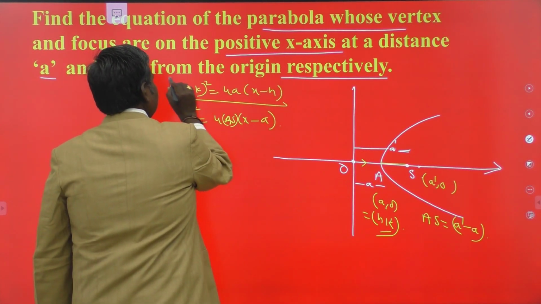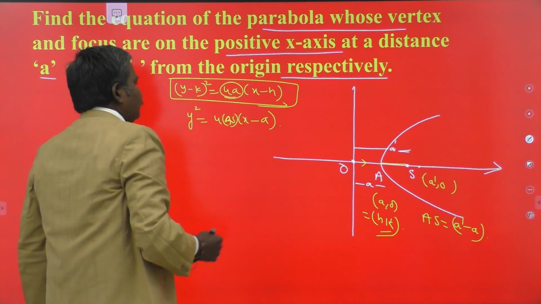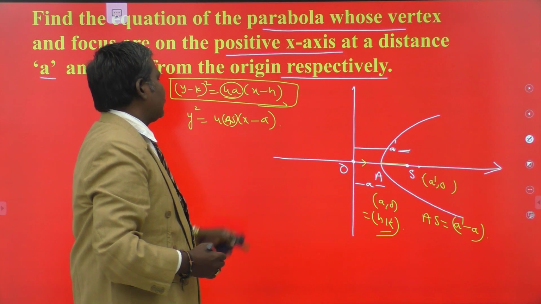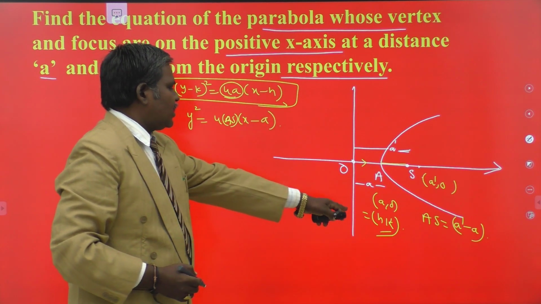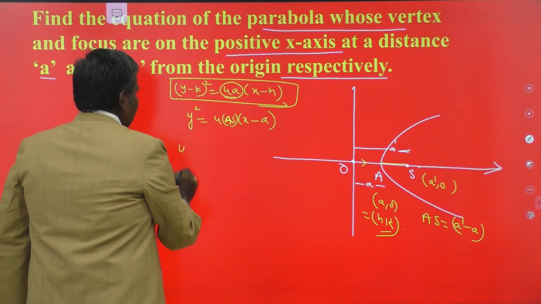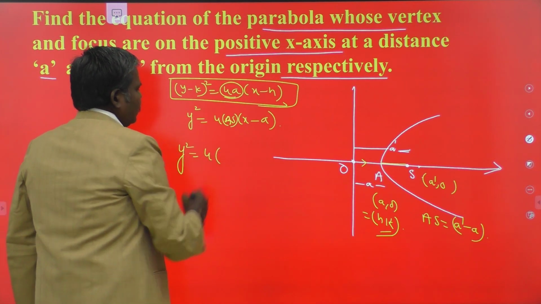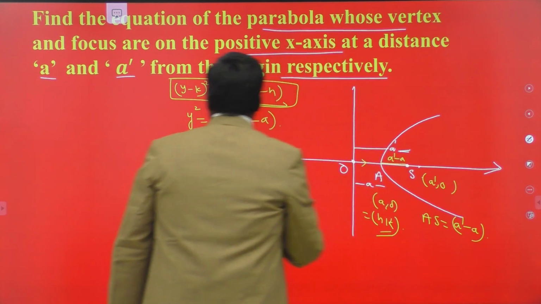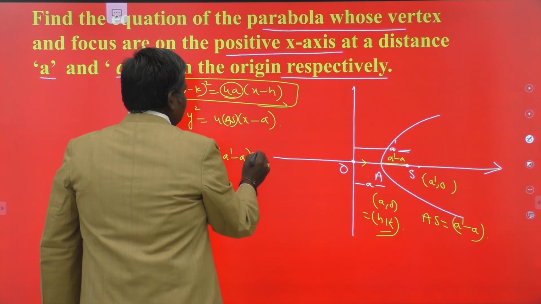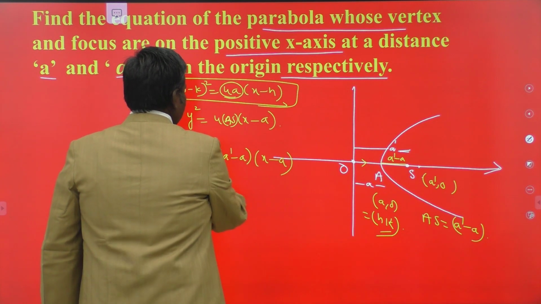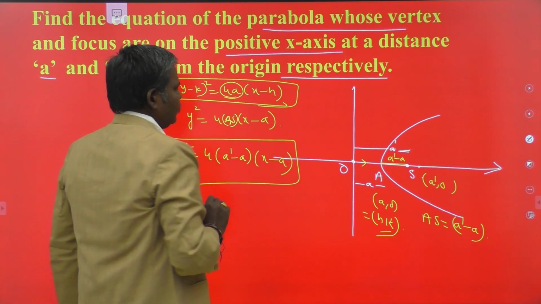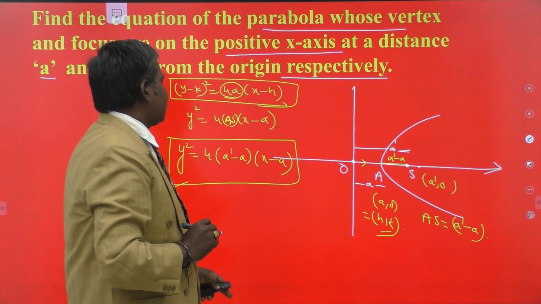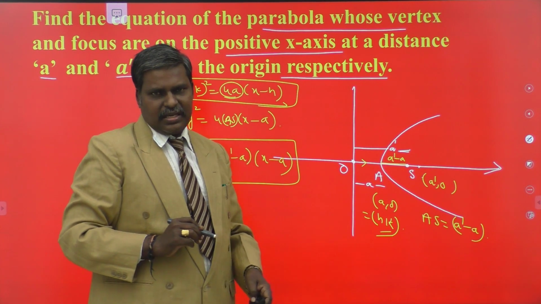This is your formula. 4a is nothing but 4 times of the distance from vertex to focus. That is why I am writing AS. h is what here? h is a units. So your answer is y square is equal to 4 times of what is your AS? a dash minus a times of x minus a itself. That's all. So y square is equal to 4 into (a dash minus a) times of (x minus a).